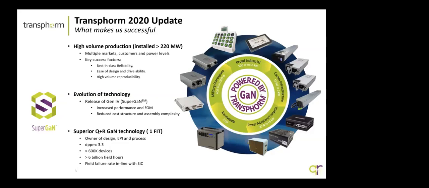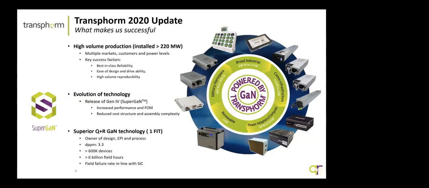Recently, we released our Gen 4 technology, which is branded under SuperGaN. And as we continue to evolve our technology, we see increased performance, figure of merit, and also continue to walk down the cost curve by reducing the cost of our GaN technology, as well as reducing the complexity of our packaging.